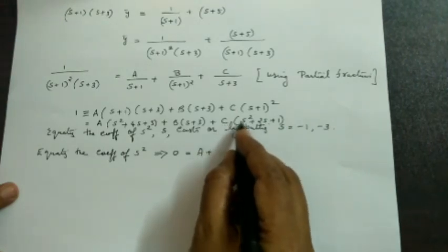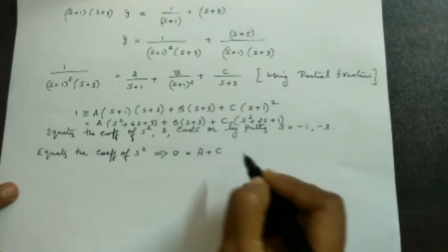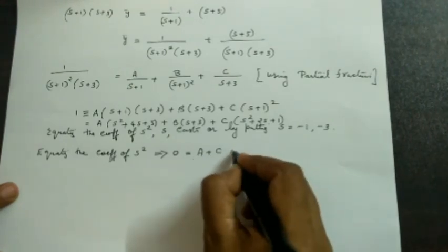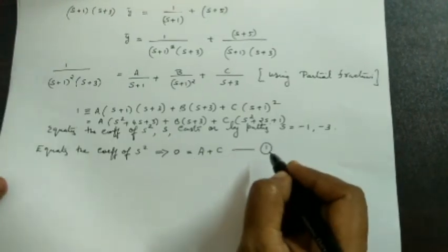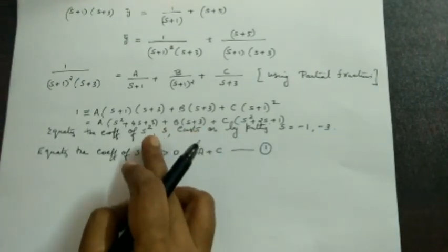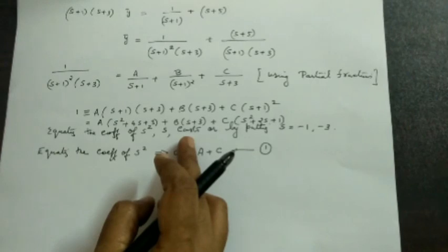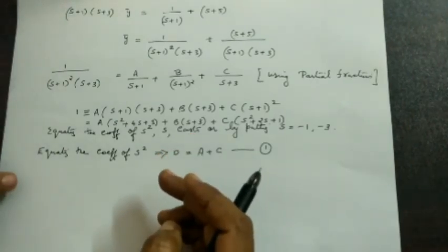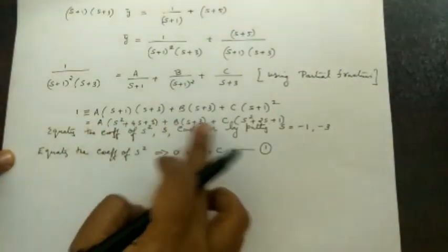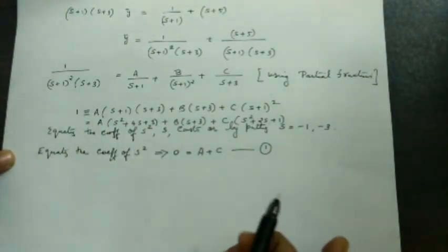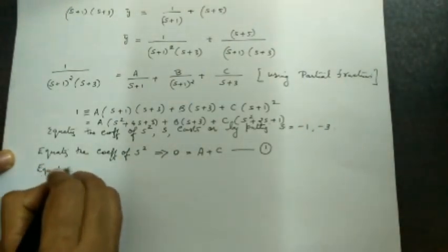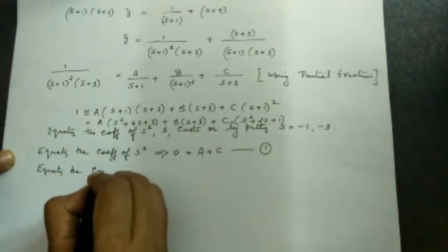Therefore we have the coefficient of s square as A plus C. Here we have two terms A and C, therefore put it as equation number 1. Then we can equate either the coefficient of s, or constants, or we can put s equal to minus 1, minus 3 to find. Our aim is to find out the values for A, B and C. Now I am going to equate the coefficient of s.